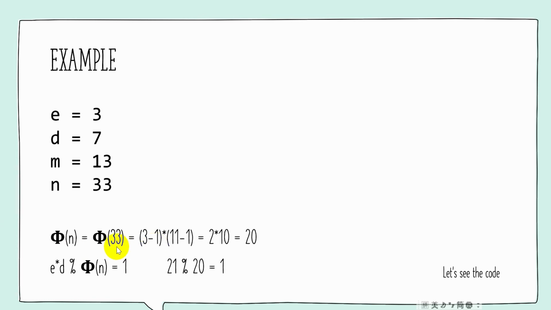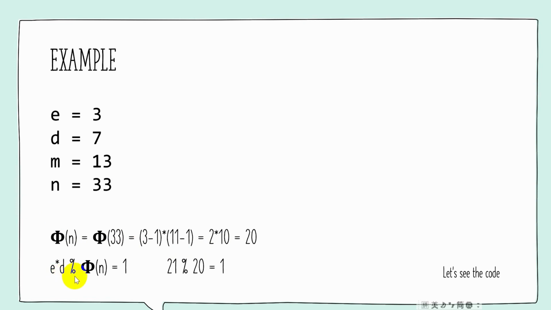So if we prime factorize 33, it equals 3 times 11. So phi 33 equals 3 minus 1 times 11 minus 1, which is 2 times 10, which is 20. So we know phi n equals 20 in this scenario.